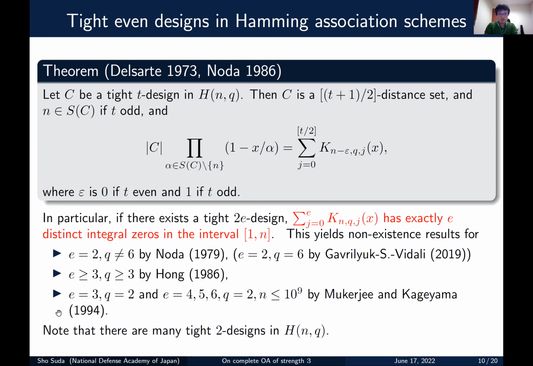There are so many type 2 designs in Hamming schemes, namely, so many complete orthogonal arrays of strength 2. This is similar to the Johnson schemes case, where there are so many symmetric designs, so this result corresponds to such phenomena, I think.